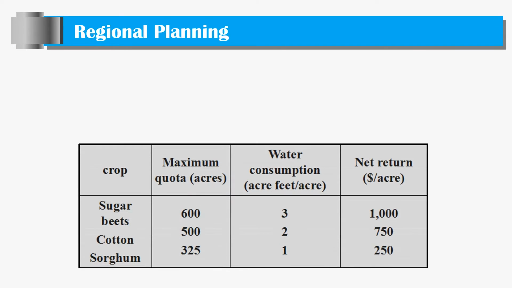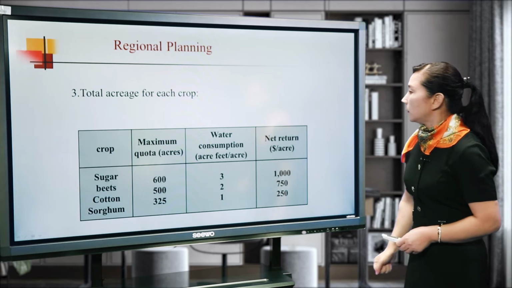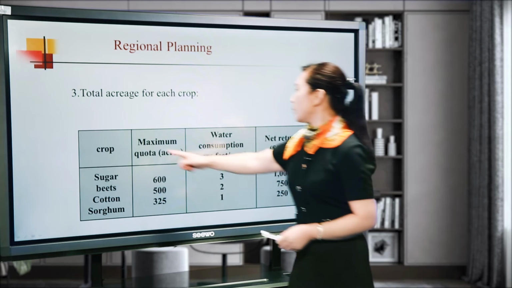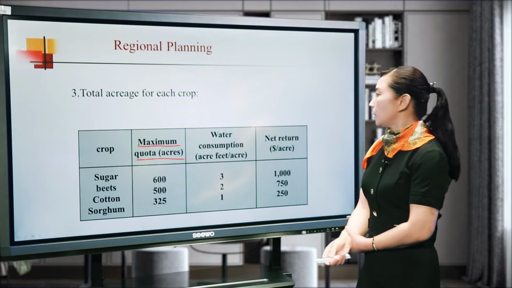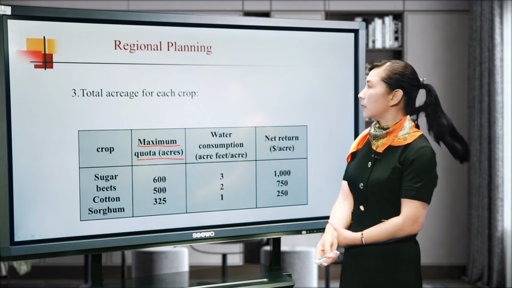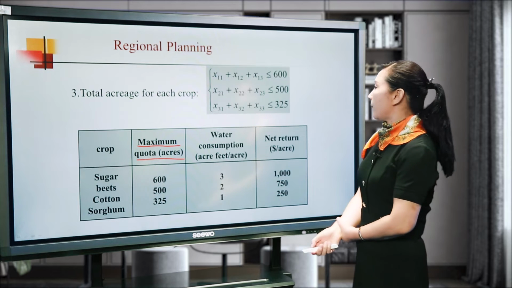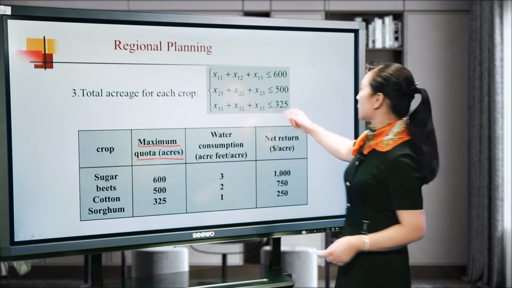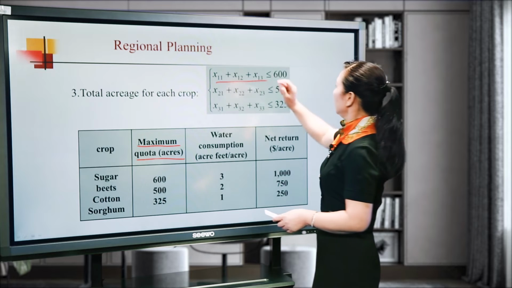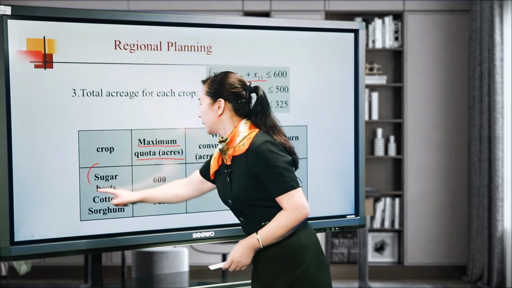And the third kind of constraint: we notice in this table, each crop has a maximum quota. The maximum quota is the total planted acreage limit. We describe these constraints like this. This is crop 1, sugar beets.